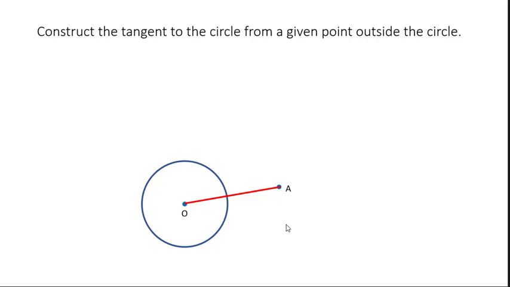Before getting into the details of this construction, the big picture is that we want to find the middle point of this segment. So you connect points O and A, and you find the midpoint, this point here in the center.